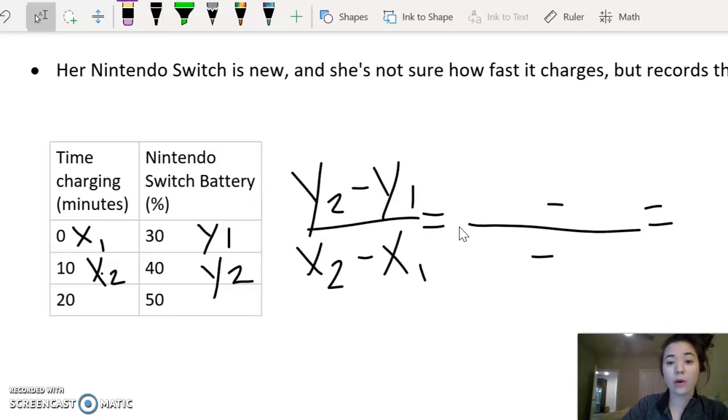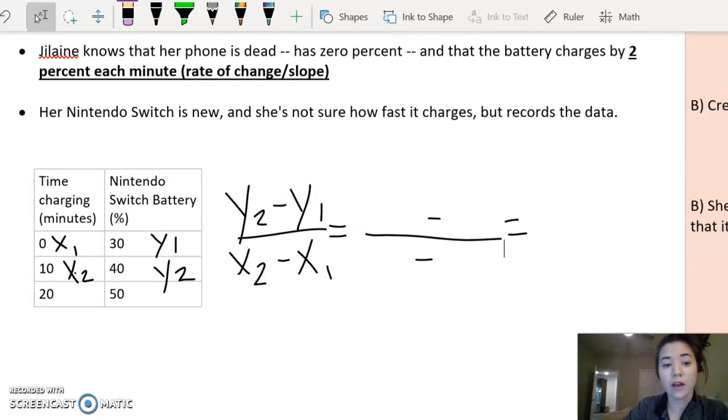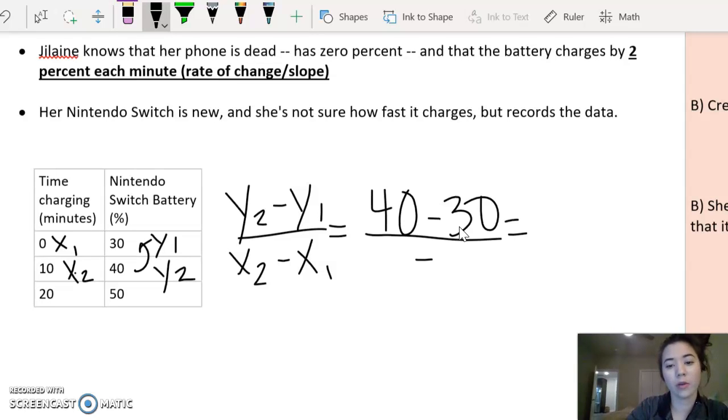If you know how to calculate the slope, please pause me now and find the slope for her Nintendo Switch, her rate of change, and then come back and see if you got it right. Go ahead and pause me if you know what you're doing. Otherwise, hang with me. Alright, so we take our y2, 40, minus y1, 30. And then on the bottom, we go x2 minus x1.